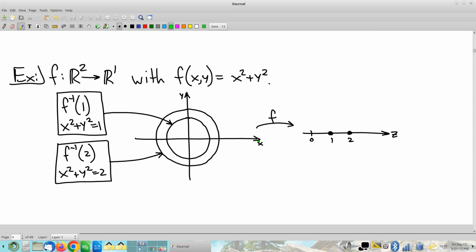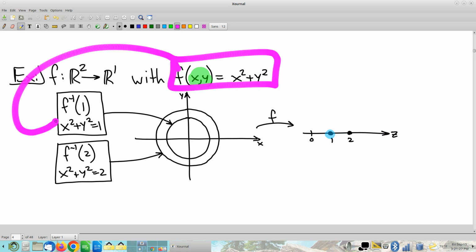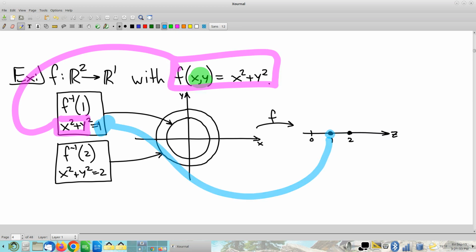This is where we ended last time. We've got a specific function here, and if you look at the output value 1 and ask what are the input values, the x and y, that when I plug them into the function x squared plus y squared give me this output value 1.